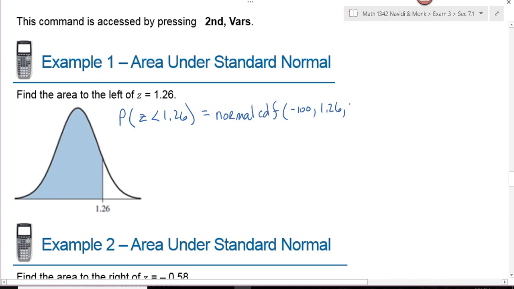Because this is a z-score, I know that my mean is 0 and my standard deviation is 1. Now before I even grab my calculator, do I expect this probability to be greater or smaller than 0.5? Greater, because remember, there's symmetry with these graphs. Exactly halfway is this mean right here. So this is going to be greater than 50%.